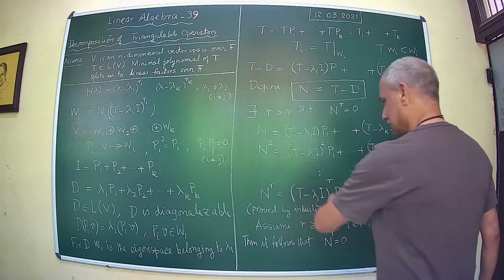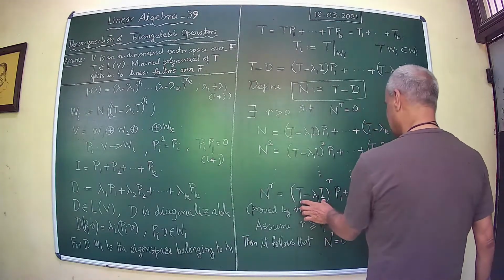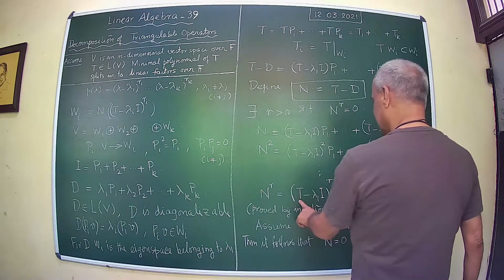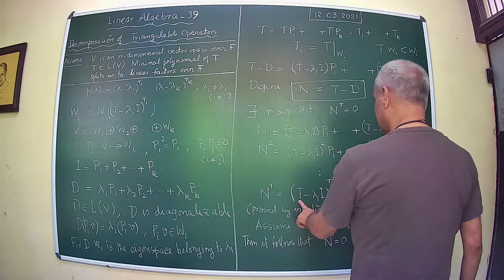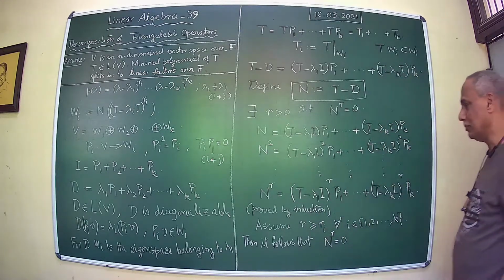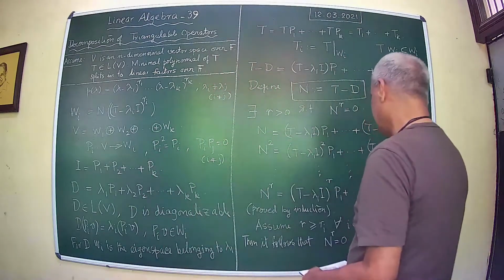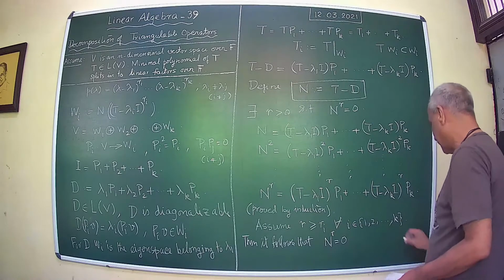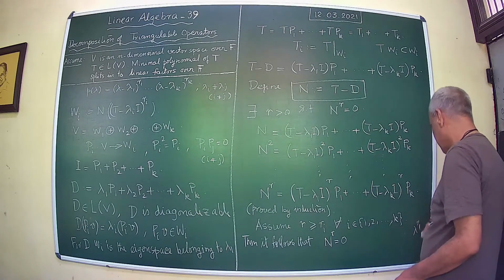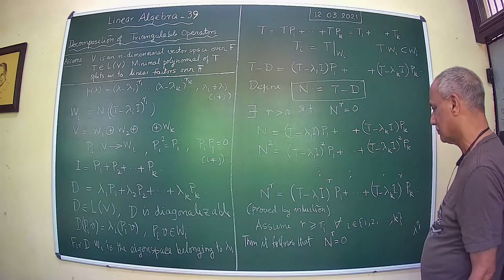Now you see, what is the characteristic polynomial of this part? I mean on W1, the characteristic polynomial of T minus lambda 1 I is lambda to the power r1.